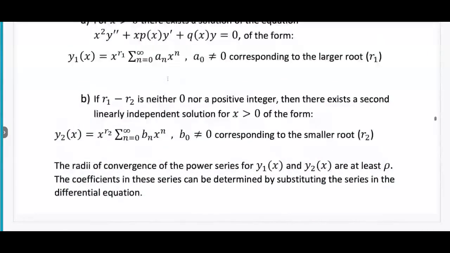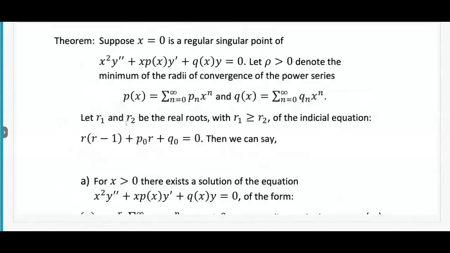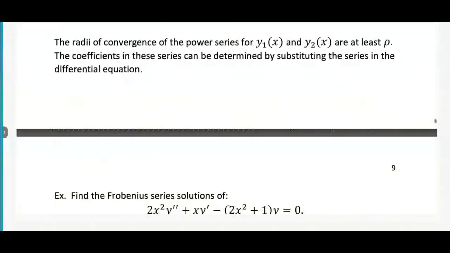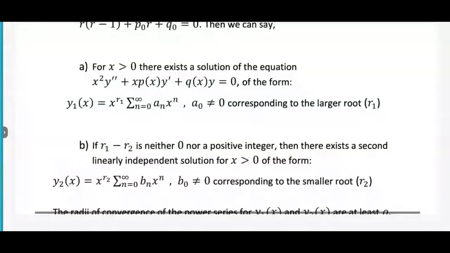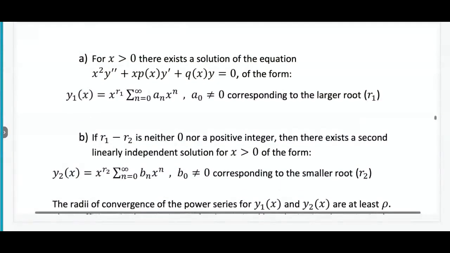The theorem says let R1, R2 be real roots, with R1 being the big one. Forget about this, okay? So how do you decide which is which? It's kind of difficult because you can call either one R1 or R2, and then you just treat it differently depending on the A and B, I guess. Maybe I have to change the notes.